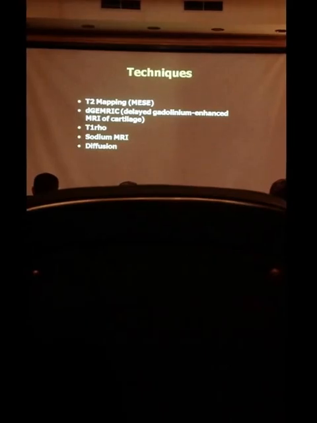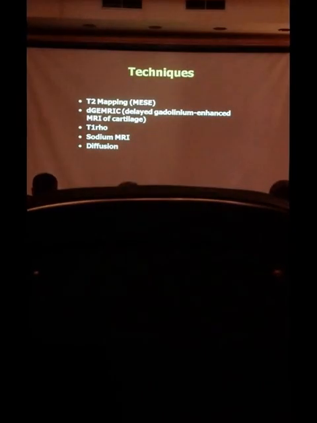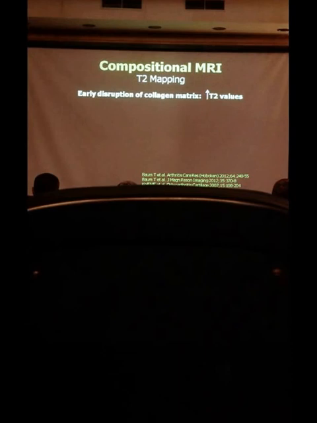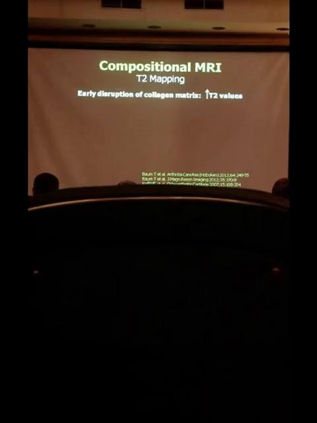We have a bunch of techniques for compositional assessment. I will discuss the main ones, not all of them. So the T2 mapping, you probably heard about it. This is a technique that's capable of detecting the very early disruption of the collagen matrix.